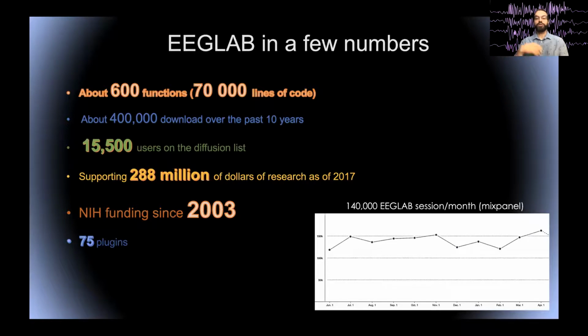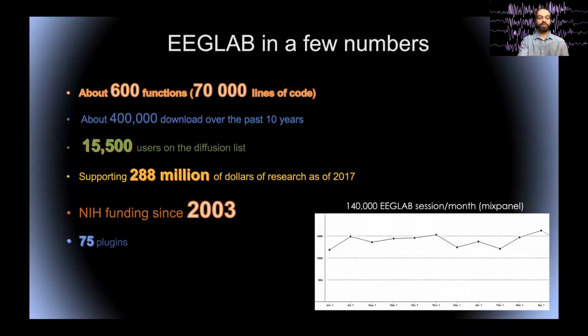And we found, when we total all these NIH grants that were using EEGLAB, that it was about supporting $288 million of research just in the US and just for NIH and NSF.